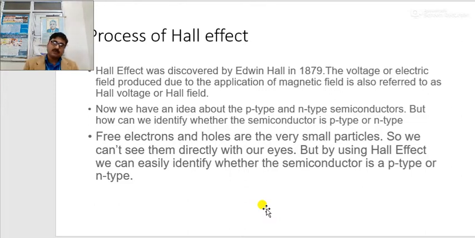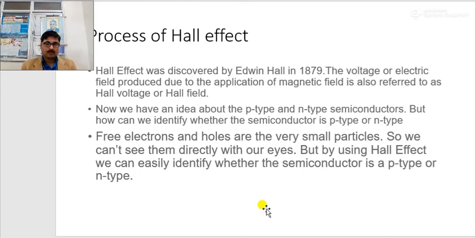Actually, electrons and holes are very small particles, and on the basis of those particles, a semiconductor is defined as either p-type or n-type.